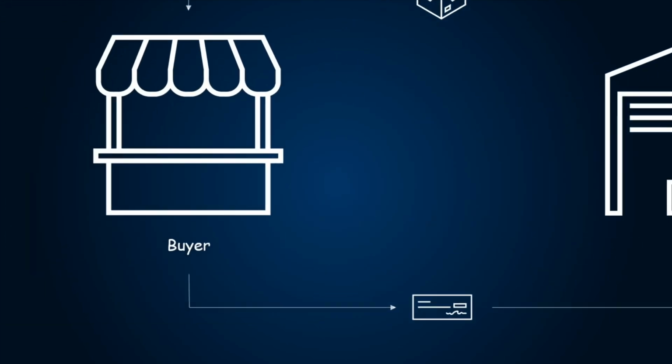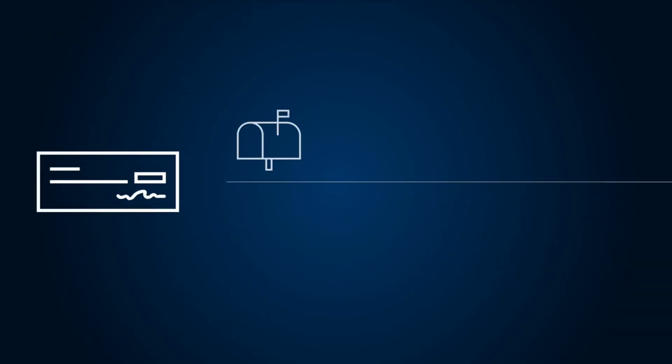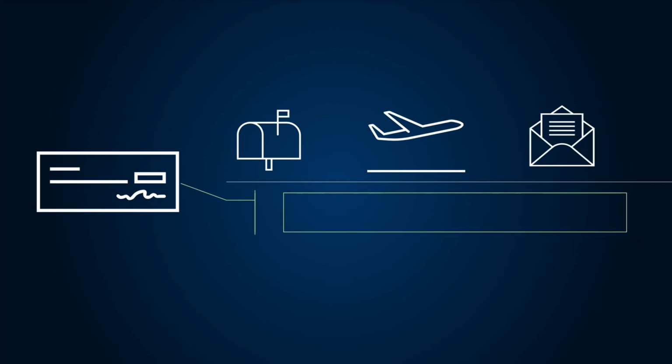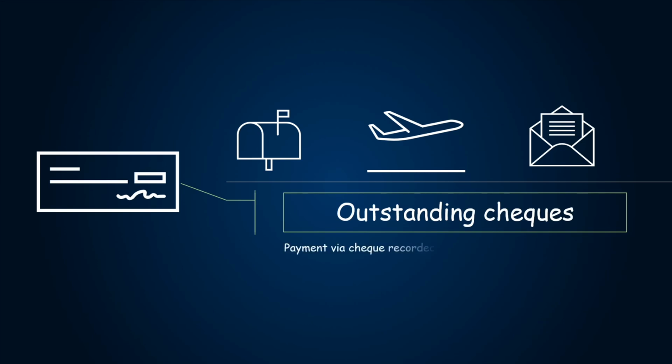So the buyer, from their point of view, has already recorded this transaction. They've recorded the receipt of goods and then the subsequent payment for those goods. And we know that they put the check in the mail and that check went on its own journey. But until that check clears the system, it'll be called an outstanding check, which basically refers to a payment via check recorded by the company and not by the bank, at least not yet.